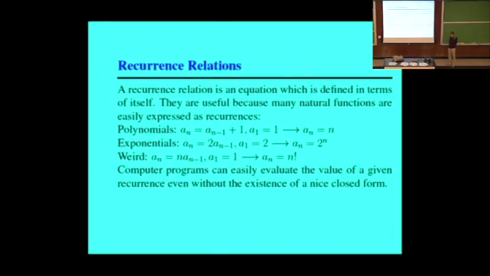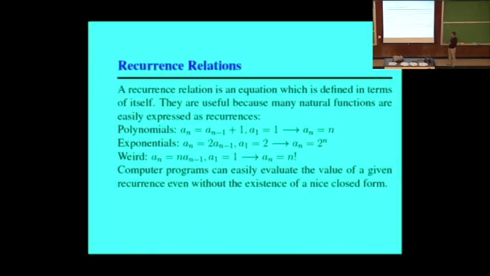But realize recurrence relations are an amazing thing, because you can generate all exponentials, all polynomials, and weird functions. What is a weird function? What is the recurrence a_n equals n times a_{n-1}? If you start at 1, what is a(2) going to be? That's 2 times 1, does everybody agree, or 2?